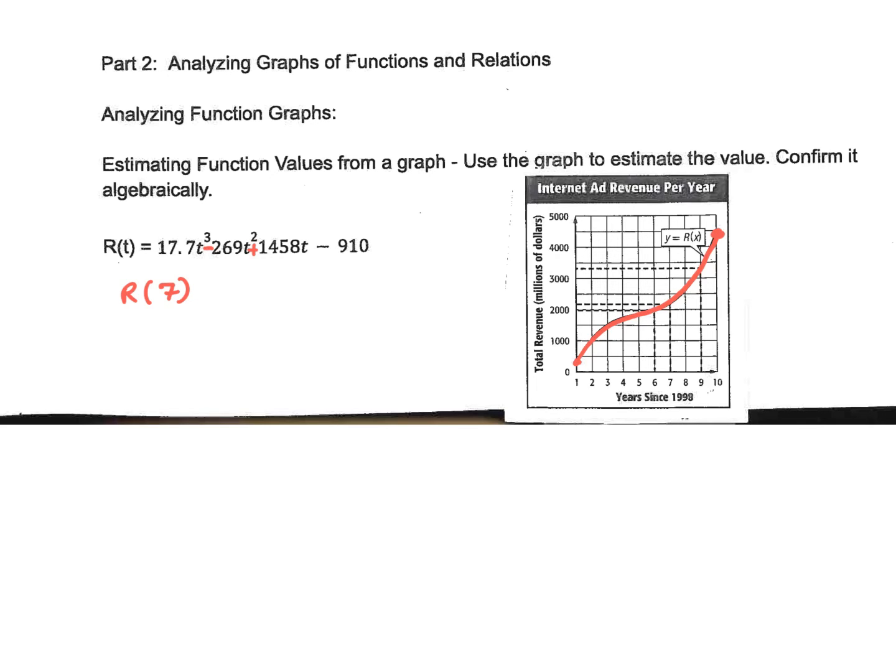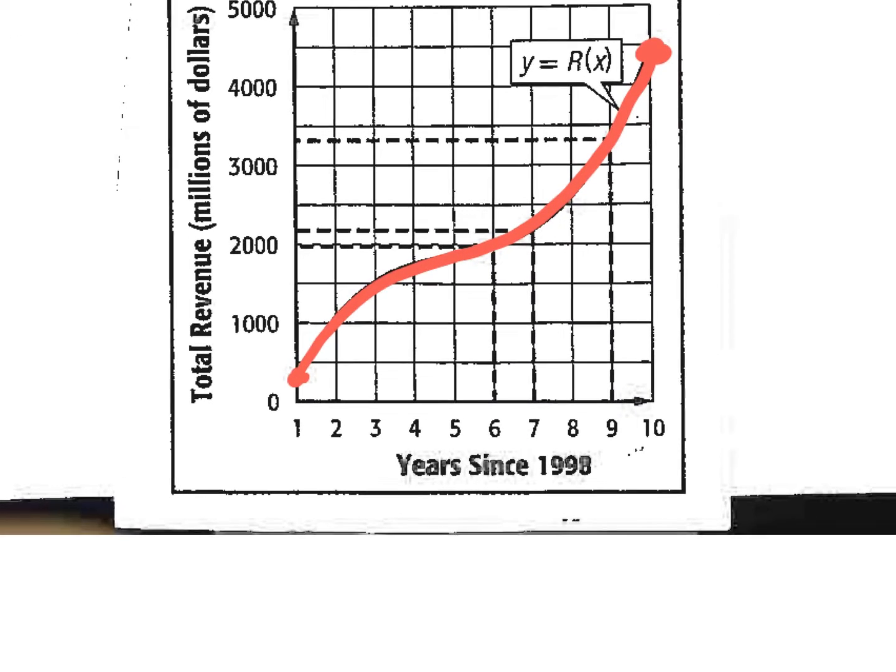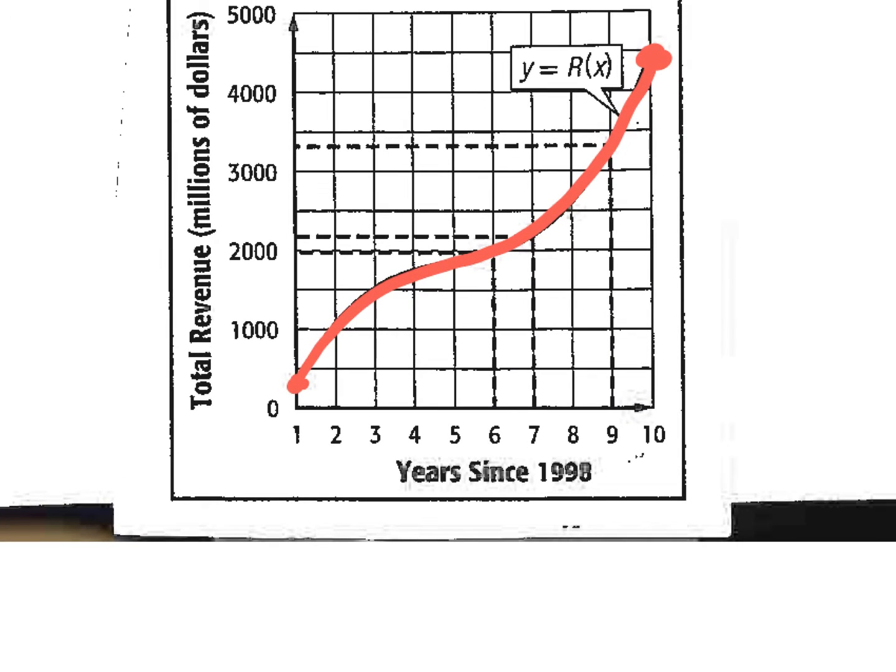How do I do that on this graph right here? Yeah, I go to 7, and I continue up until I run into the function. That is my input taking me to the function, and now I can find my output by going where? Yeah, over to the y-axis. Now it's going to be an estimate, isn't it? So what, about 2100?